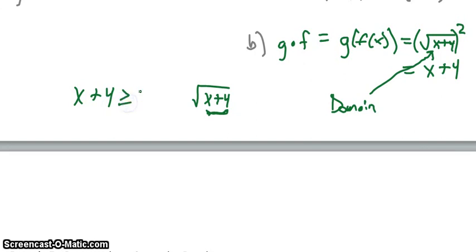So that has to be greater than or equal to 0. If you plug in a negative 5 or a negative 6, this won't work. It would work here, but this is the actual function. We just simplified it. So this has to be greater than or equal to negative 4. So the domain for this one has to be from negative 4 to positive infinity.